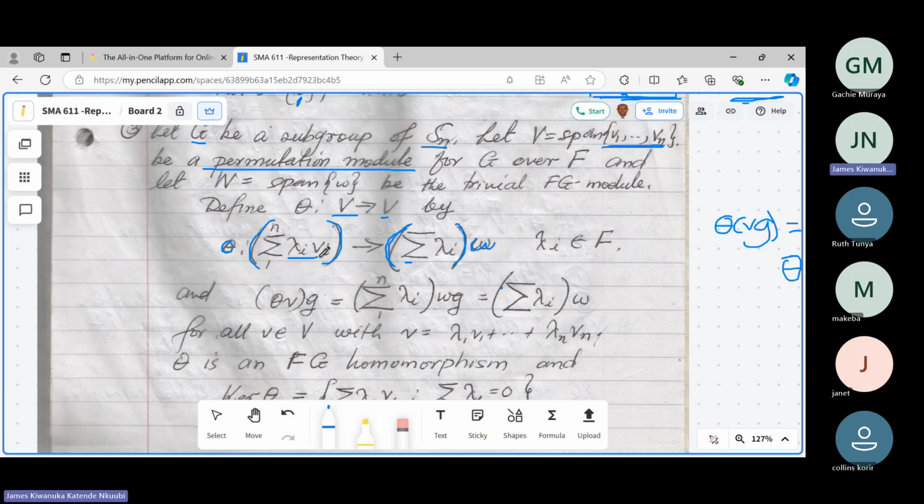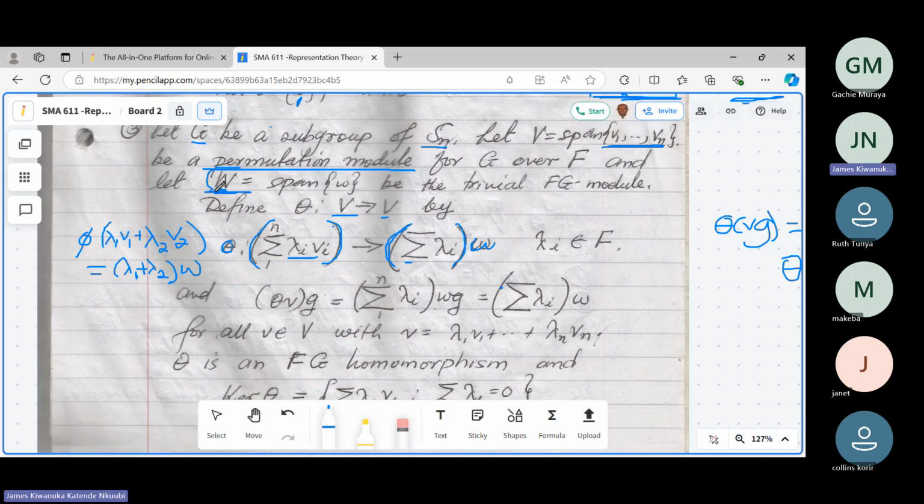So for instance, if these were only two vectors, suppose I'm getting theta of lambda 1 v1 plus lambda 2 v2. So the image of this would be, now I add up the lambdas, lambda 1 plus lambda 2, and then I multiply it by the fixed element, W. Remember, W is the basis for this vector space.